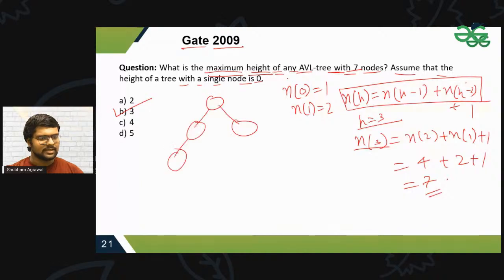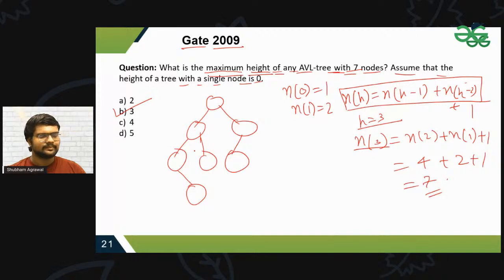So here one element should be there, and here it can be here, and here it should be 1. If you consider this tree, it contains 7 nodes, 1, 2, 3, 4, 5, 6, 7, and the height of this tree is 3.